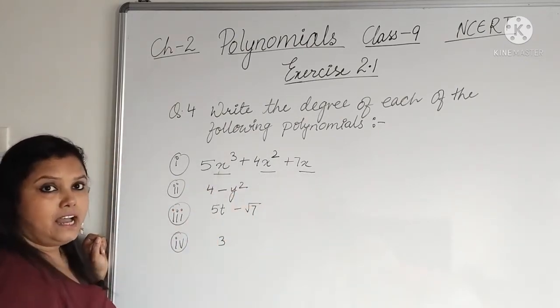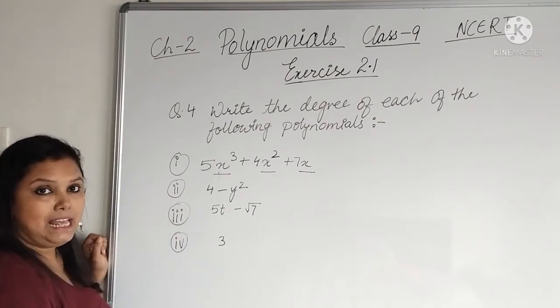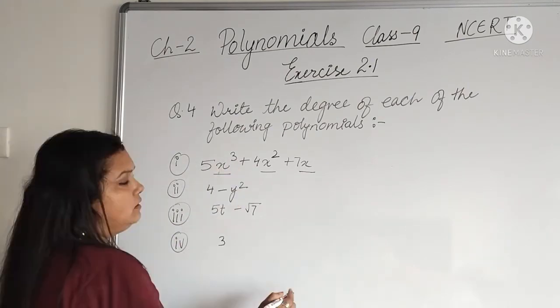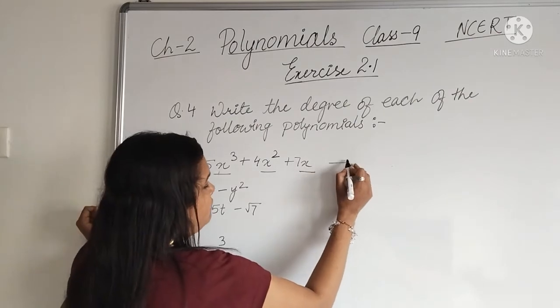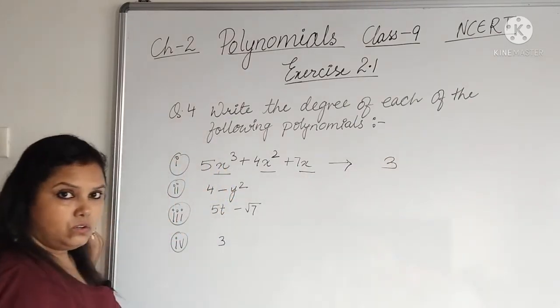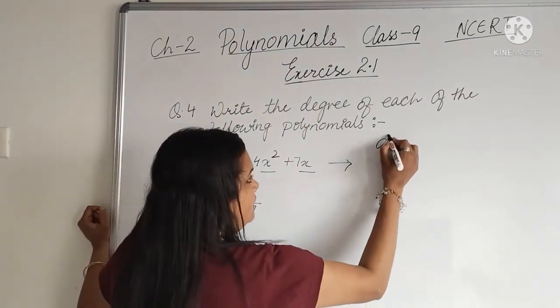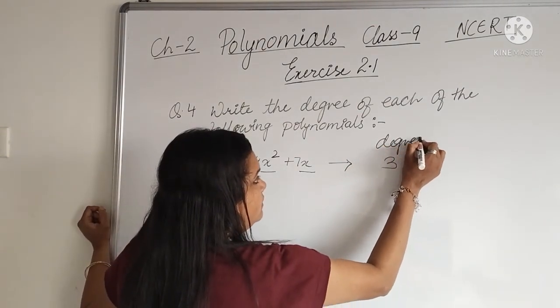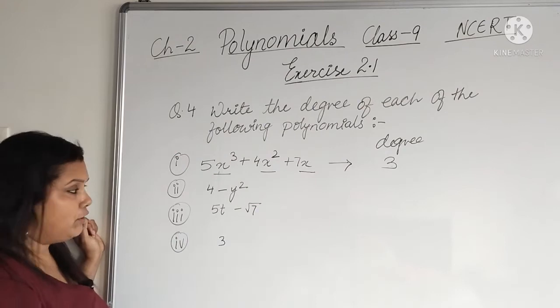So which is the highest power of this variable x? It is 3. So the degree of the polynomial will be 3. That means the highest power of the variable.